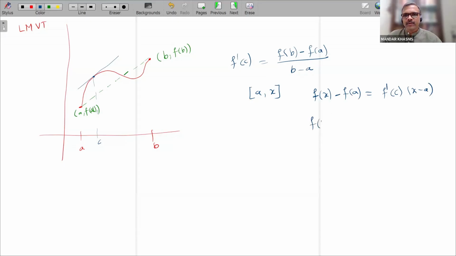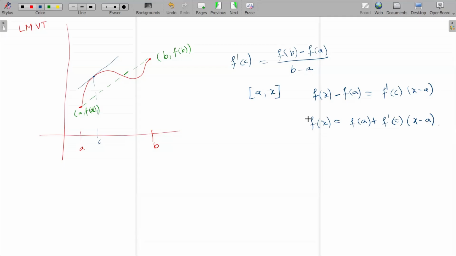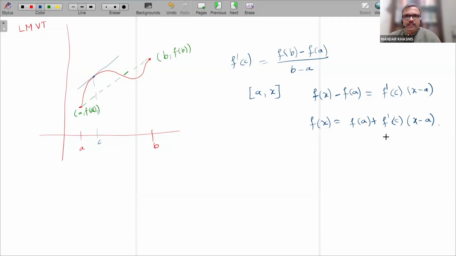So I get f(x) equals f(a) plus f dash at some c times x minus a. This is like the first version, a small version of Taylor's result, that you can try to approximate the function, or rather develop the value of f(x), at least in some neighborhood of a, in this way. This is the first version, which is actually LMVT.